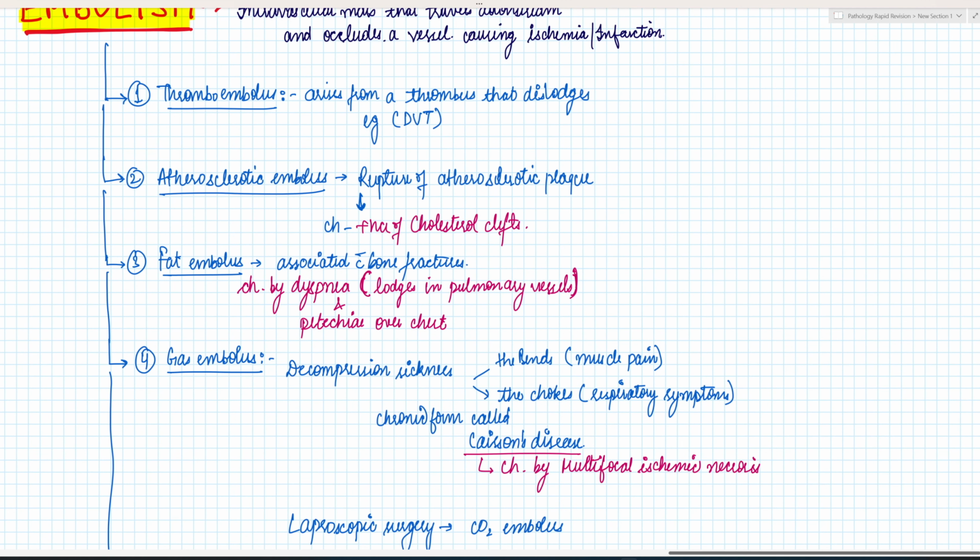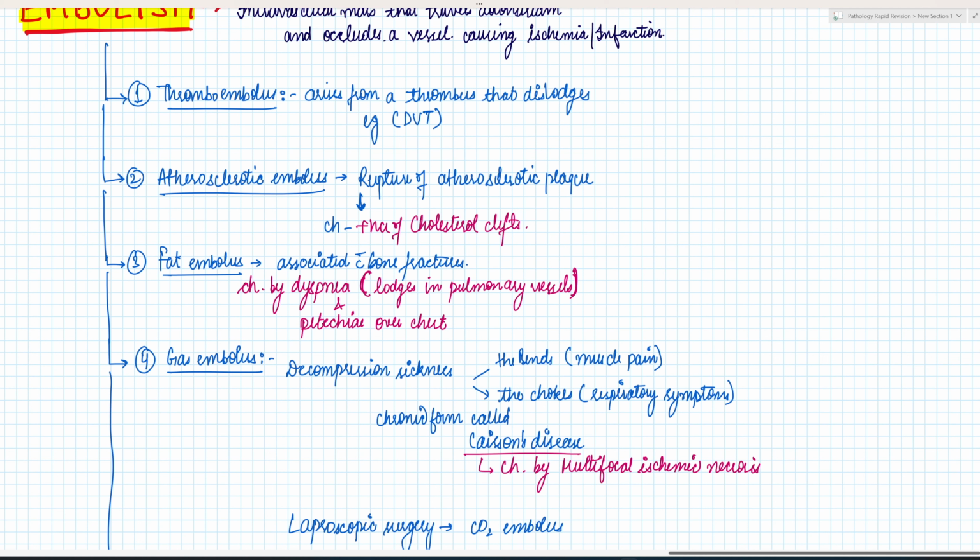Now we have atherosclerotic embolus. As the name suggests, we have atherosclerosis, and the embolus is arising from the atherosclerotic plaque. Whenever the plaque is unstable, it ruptures, and whenever it ruptures, it moves downstream along with the blood, and it has a tendency to block a smaller vessel.